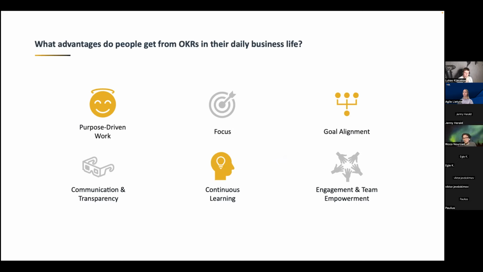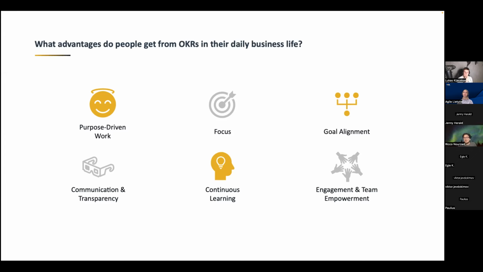As we know, OKRs are also limited in numbers. So I'm focusing on a set of 3 to 5 OKRs as a team for the upcoming 3 to 6 months. And this gives me focus instead of having 20 goals in parallel. Then we also have goal alignment across the teams, which connects the teams better and creates good synergy, with teams really working in the same direction.